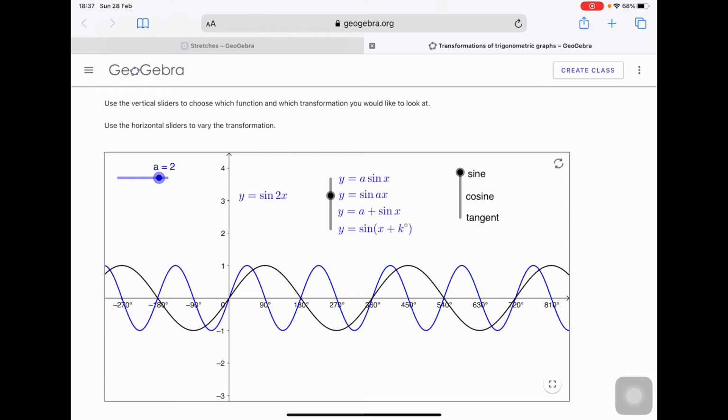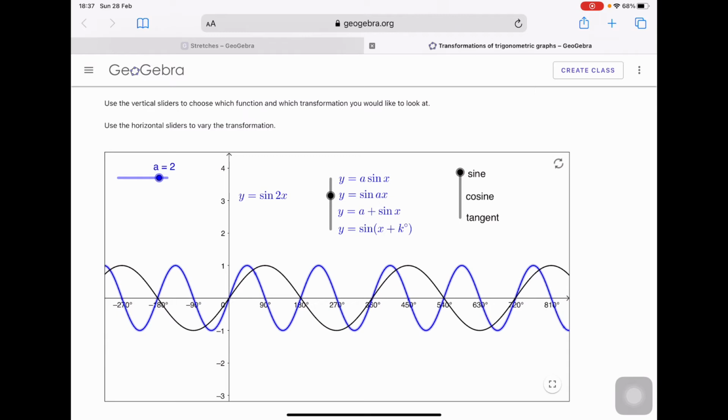It says y equals sine 2x. Again, each x value is being divided by 2. So where we had the coordinates 180, 0, the new coordinates are 90, 0.